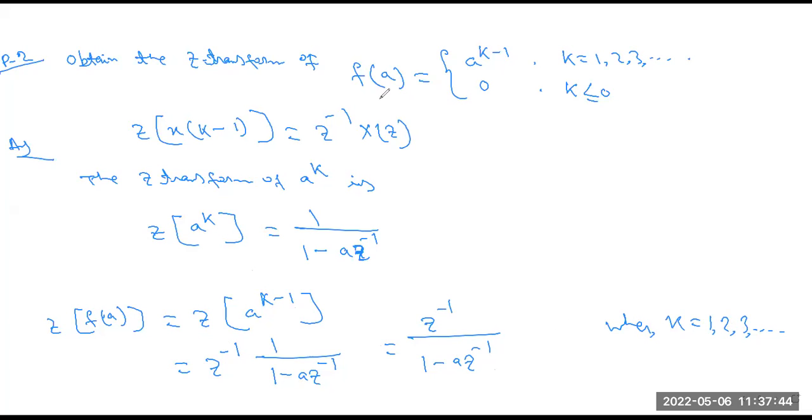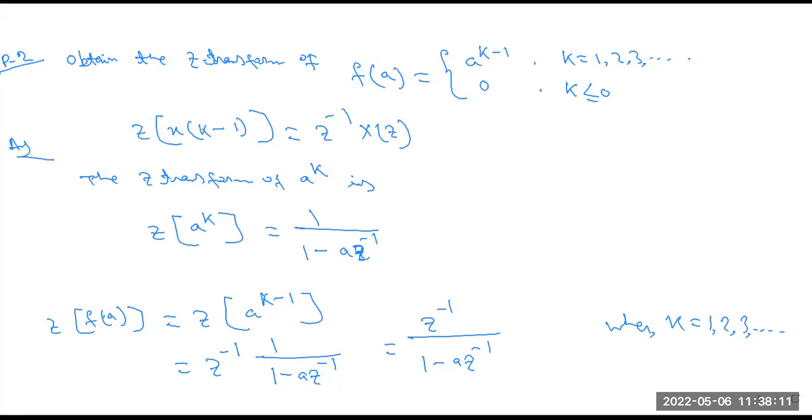And for the other function, it is equal to 0 when k is less than or equal to 0, that means the value of k is either 0 or less than 0. This type of simple problem comes in your exam.